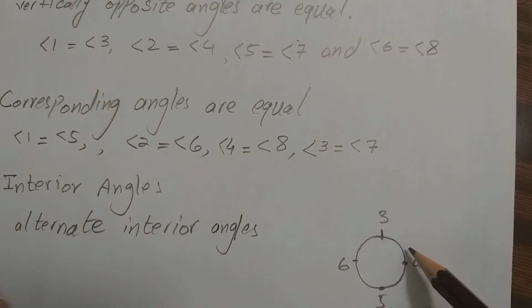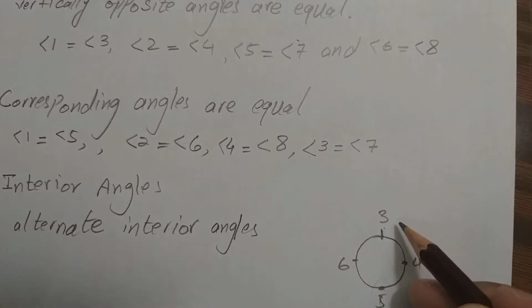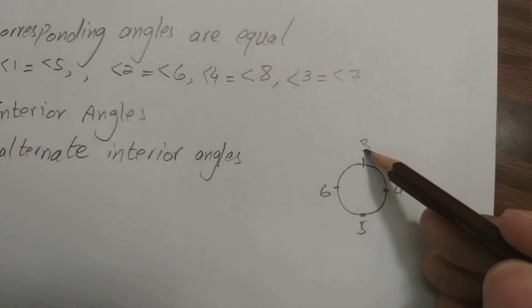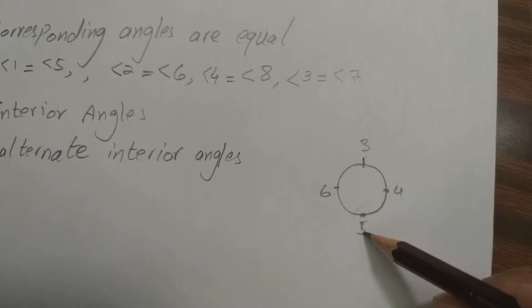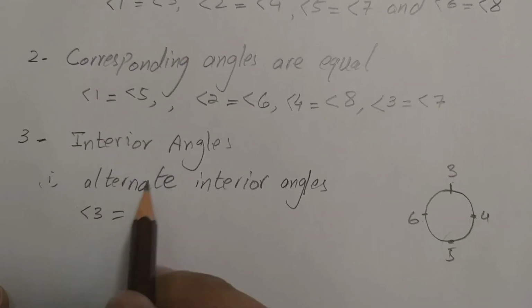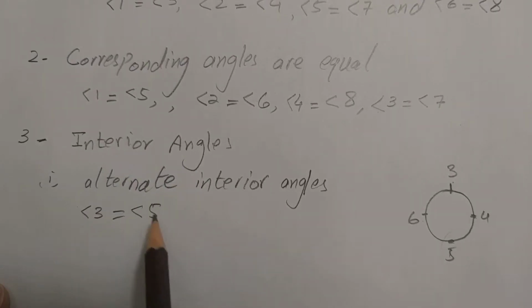Alternate means we skip 1 and take the next. So 4 alternates with 6, and 3 alternates with 5, and 5 alternates with 3. They are alternate to each other. So we skip 4 and take 5.